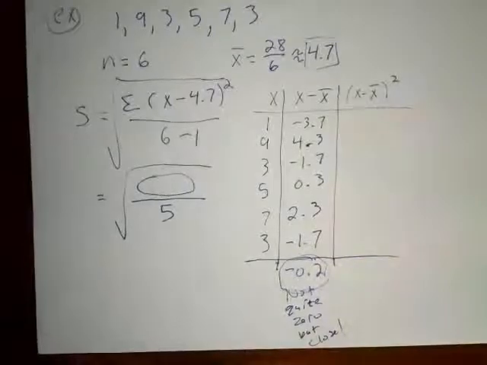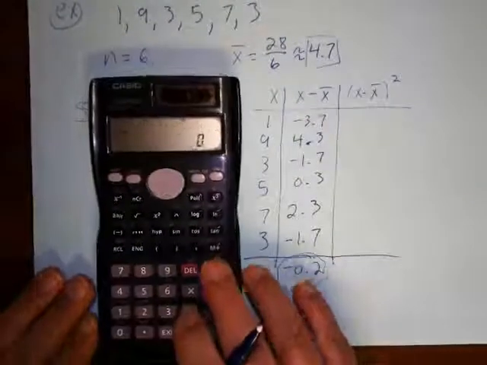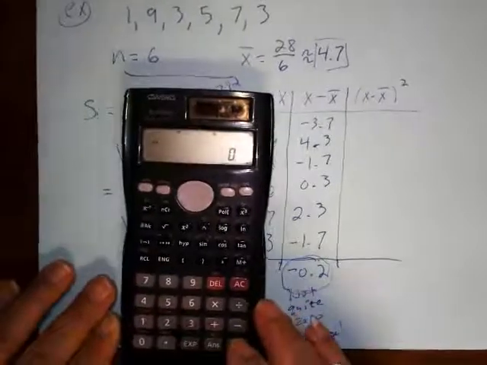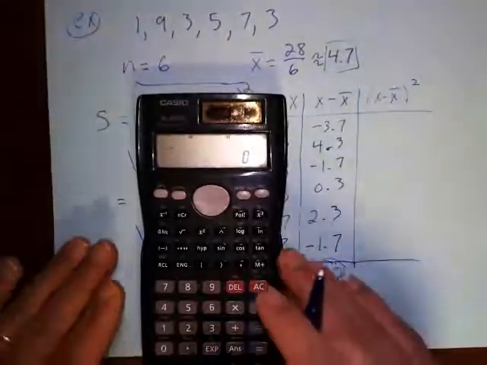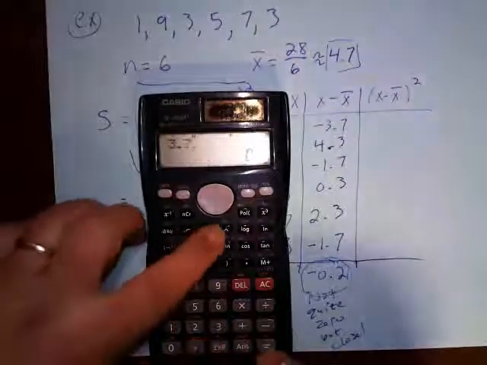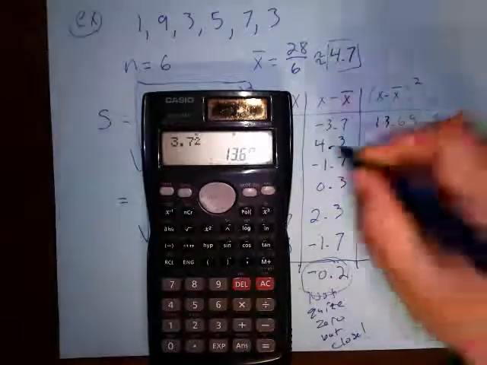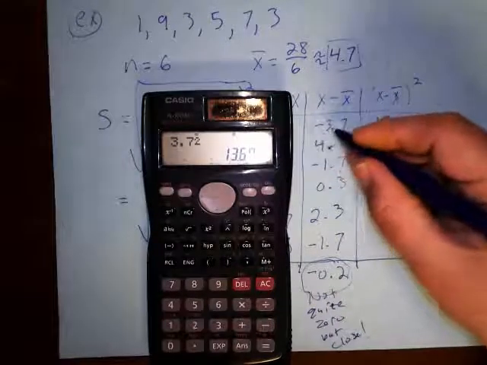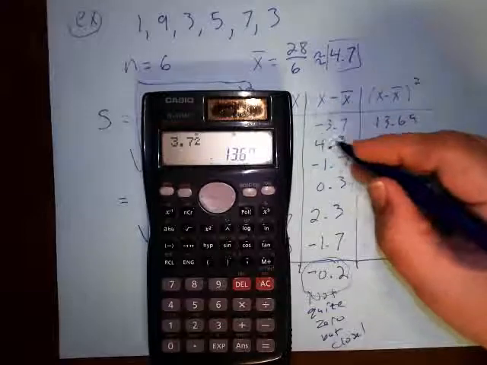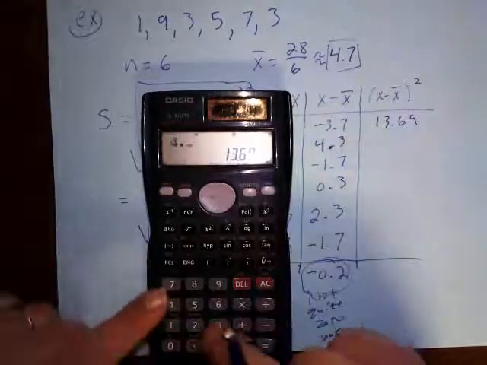Okay, and so now I gotta square all these, and again this is going to be just a little more tedious because I'm going to use my calculator and I'm going to get some messier numbers. So I'm going to just ignore the negative sign. So 3.7 squared, 13.69. I can ignore it because negative 3.7 squared and positive 3.7 squared are both 13.69.